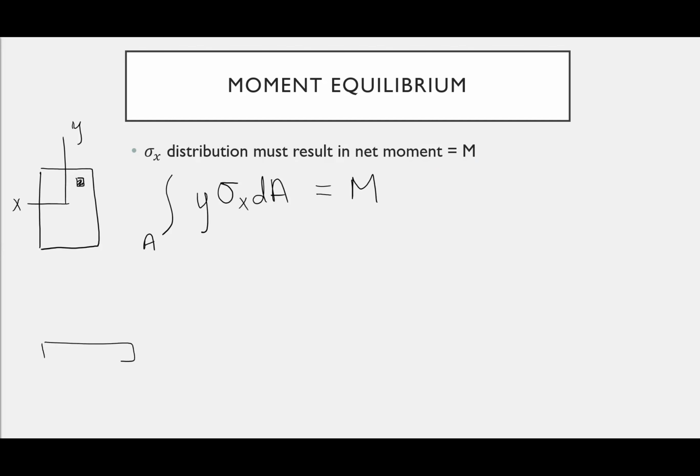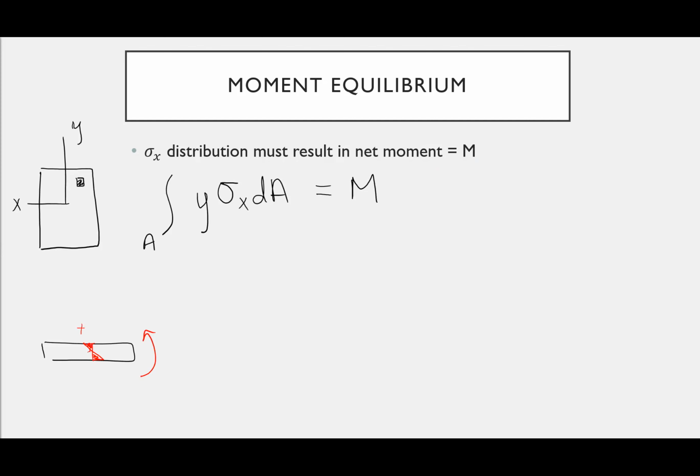So let's say we have this moment, remember, that was putting it into a positive bending moment. And that's going to give us compression on the top, tension on the bottom.